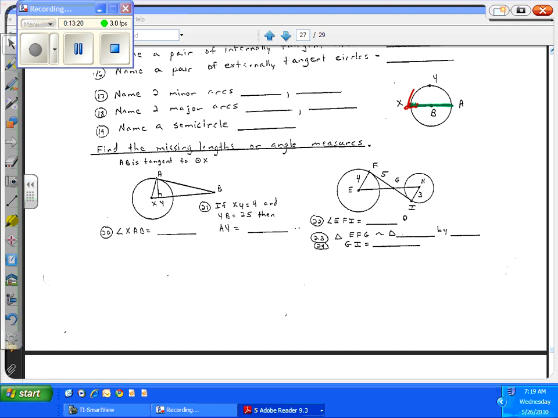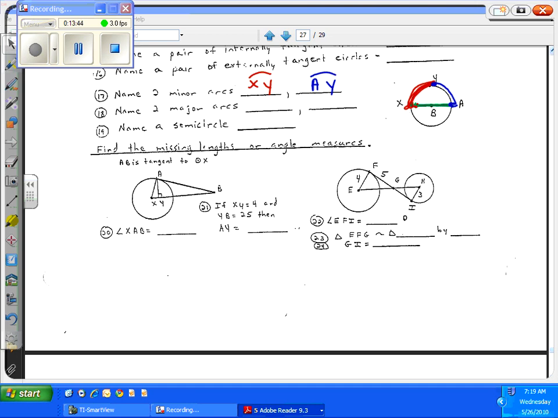So if we started at X and went to Y, I'm having trouble getting this to do what I want it to. But anyway, from X to Y would be a minor arc. From A to Y is less than a semicircle, so AY is a minor arc.